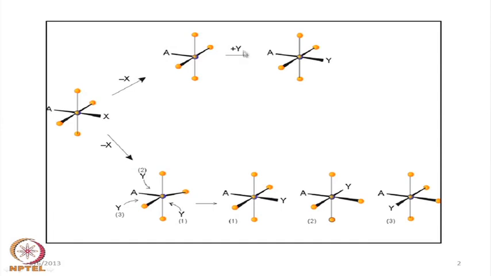So, this particular Y is coming from this side and attacking this particular cobalt center, giving the original compound where the geometry is the same, only the position of X is now occupied by Y.